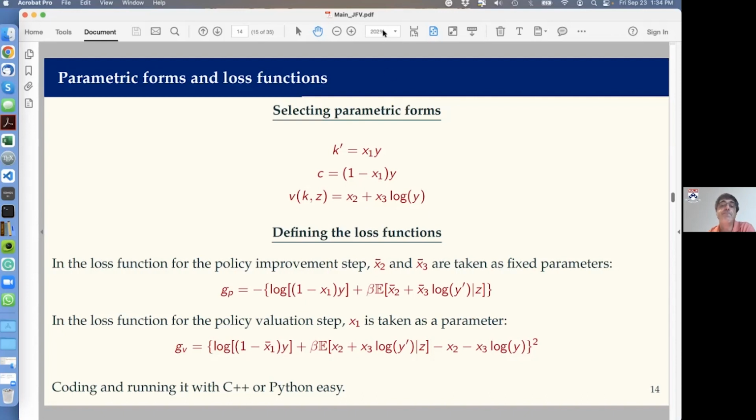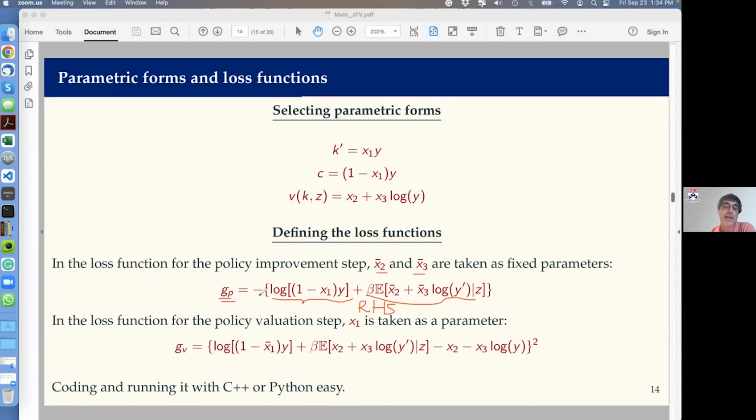And then we define the loss functions. So what are those loss functions? Again, remember, in the case of the policy, we take the x2 and the x3 as given. And if you notice over here, this is just the right-hand side of the Bellman equation.